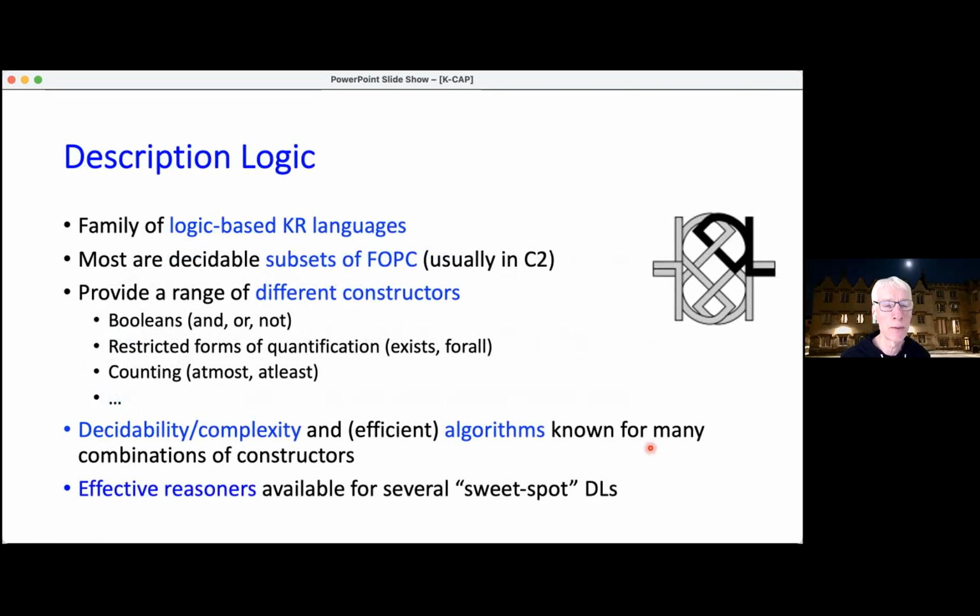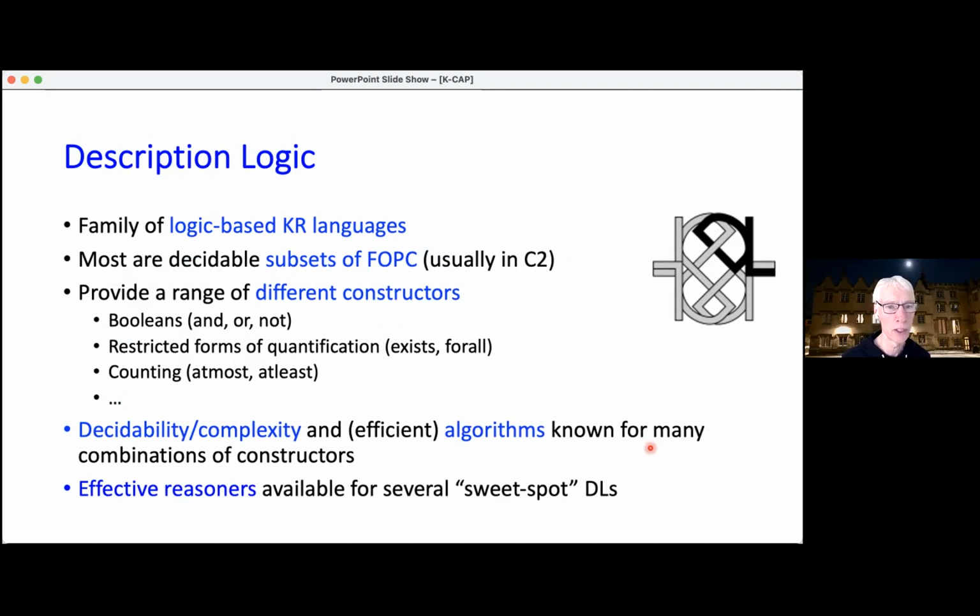And these ideas were exactly the motivation behind the whole research area of description logic. So description logic is a family of logic-based knowledge representation languages. They're usually decidable subsets of first-order logic. And basically, they're sort of modular languages that provide a range of different constructors, and you can pick some of these constructors and define a language as being the subset that supports those constructors.